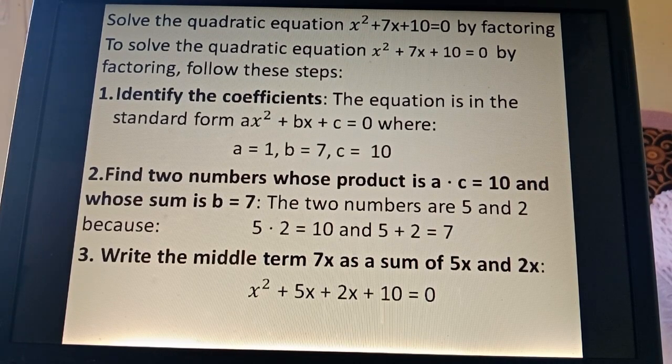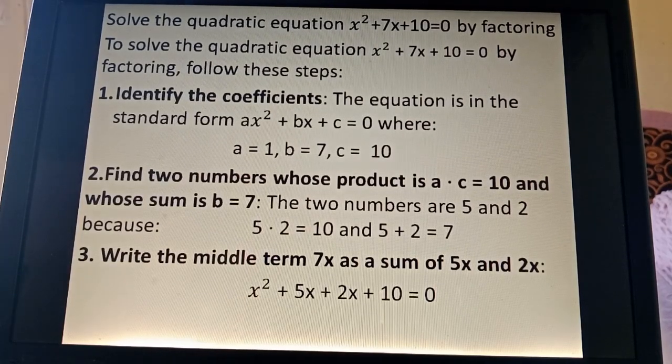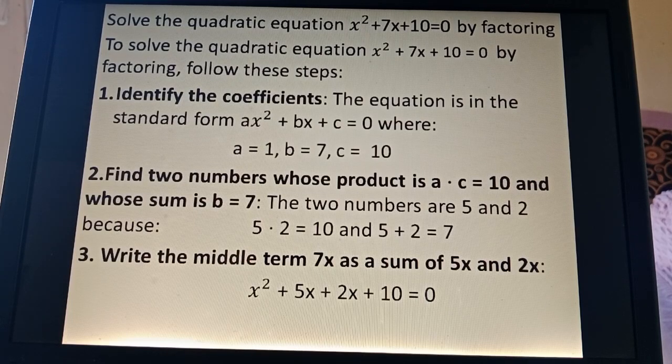And therefore we split 7x into 5x plus 2x so that the equation becomes x squared plus 5x plus 2x plus 10 is equal to 0.